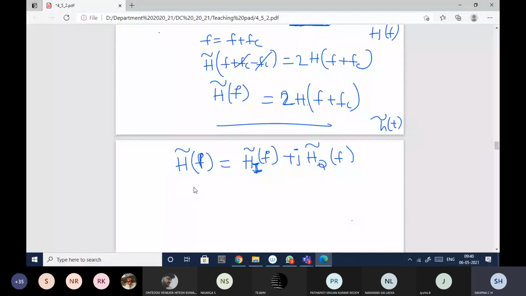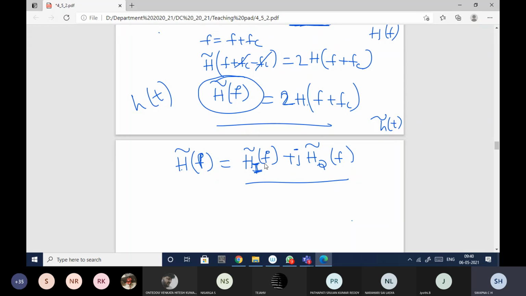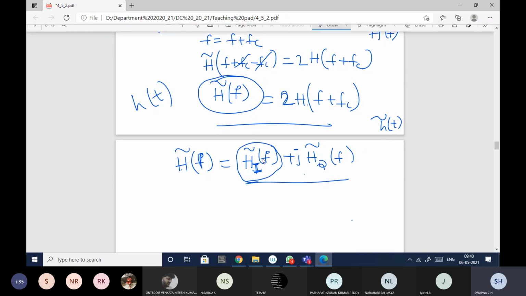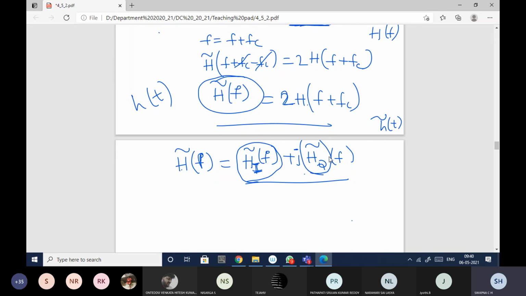Now, since we are able to find the complex envelope of the h of t signal, we can represent it in the in-phase and quadrature components like this. H tilde of f is nothing but H_I tilde of f plus j H_Q tilde of f. Our aim is to find H_I tilde of f and H_Q tilde of f. These two we need to find now.